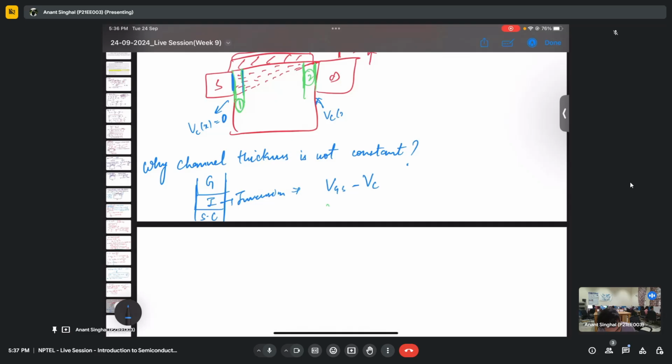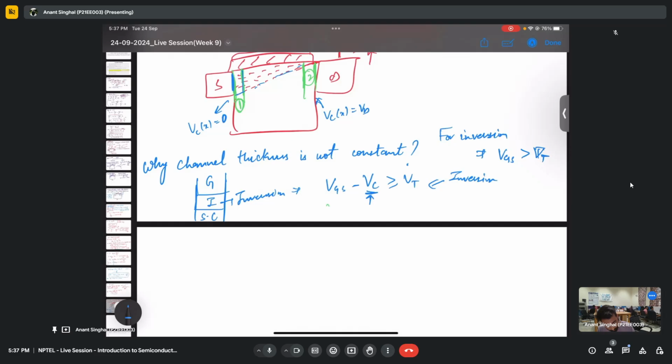For the inversion layer, what is the criterion? VGS should be greater than VT, right? If the channel potential is negligible or 0 here, we have the inversion layer. So we do have this channel in region 1.